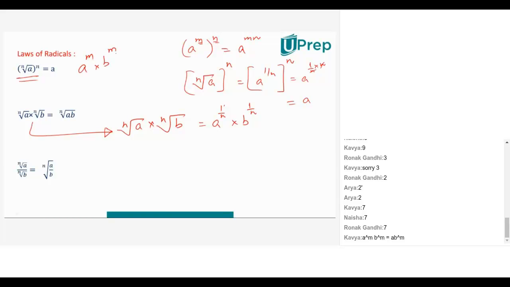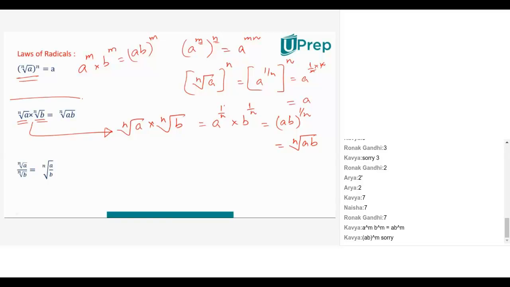If the powers are same, I can multiply inside: it is ab whole to the power of m. That's what we learned, right? Therefore, the same logic holds good here. Because the power is 1 by n, it's basically ab whole to the power of 1 by n. That's the reason it will be nth root of ab. So nth root of a into nth root of b will always be equal to nth root of ab.